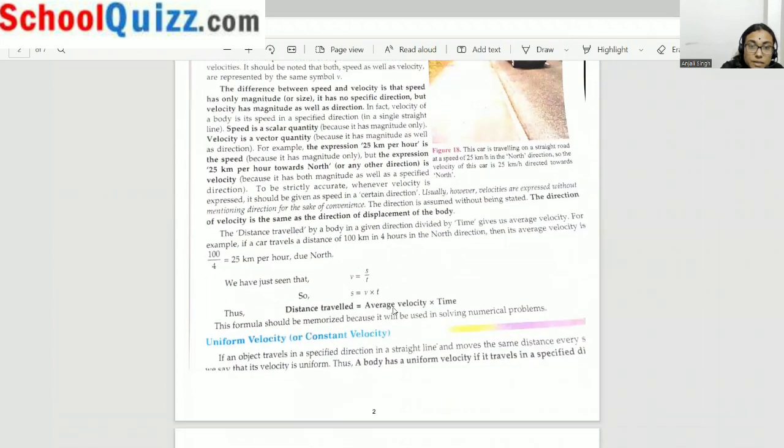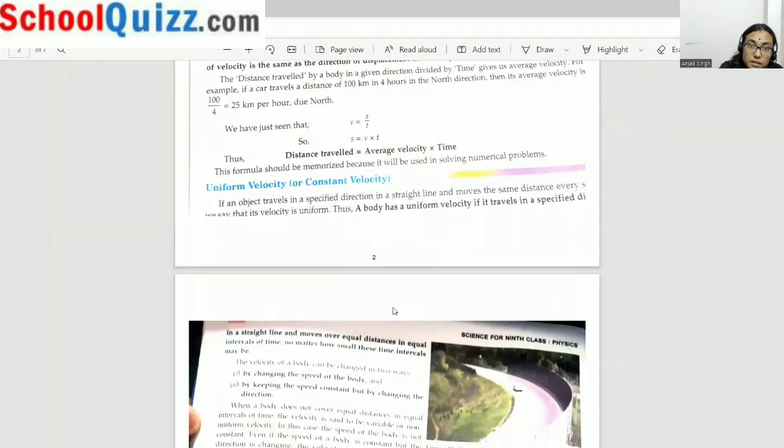Now next, distance traveled is equal to average velocity into time. Whatever velocity is acquired in a particular distance in different time intervals will act as the average velocity.